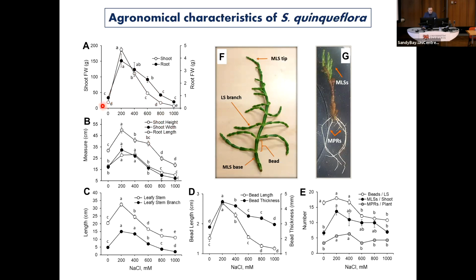These are many agronomical parameters such as shoot fresh weight and root fresh weight. The optimal response that we got was enhanced largely in root length, shoot length, leaf stem length, and leaf stem branch length. Here you can see an individual leaf stem with a bead and leaf stem branch. Here are the main propagated roots and the main leafy stems.